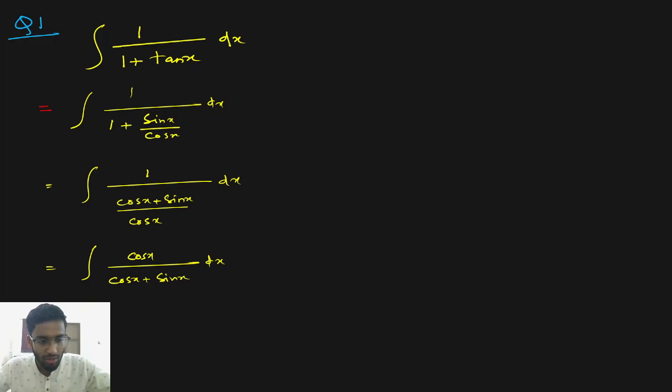Now one interesting thing we have to do. Let's see what I am doing. I have taken 2 cos x. Why? Because in the next line I am going to split this 2 cos x into 2 separate functions, by which I can solve this question easily.